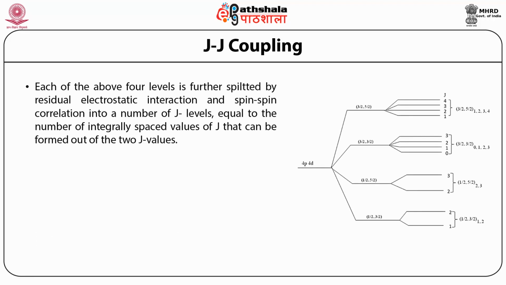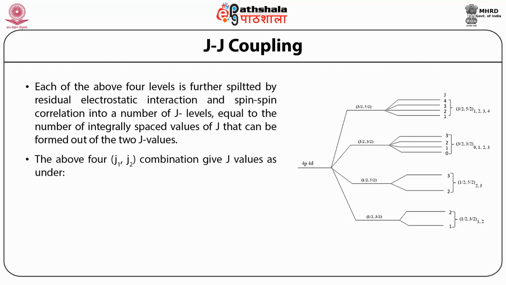Each of the above 4 levels is further separated by residual electrostatic interaction and spin-spin correlation into a number of J levels equal to the number of integrally spaced values of J that can be formed out of the 2 j values.